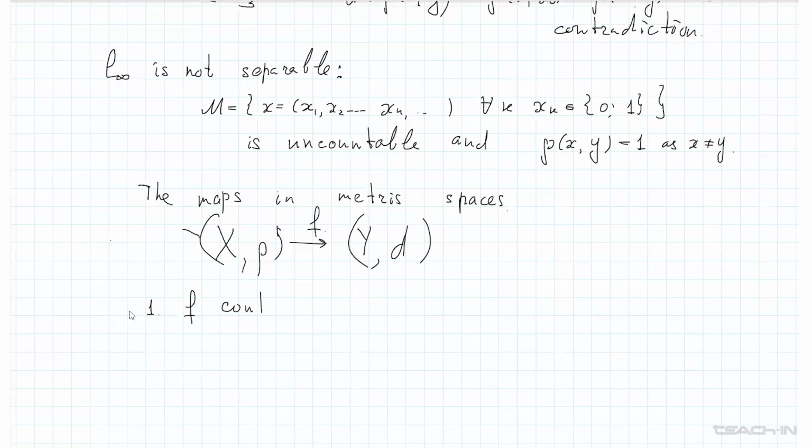F continuous at point x0. Do I need to give a full definition, or is it a clear concept?